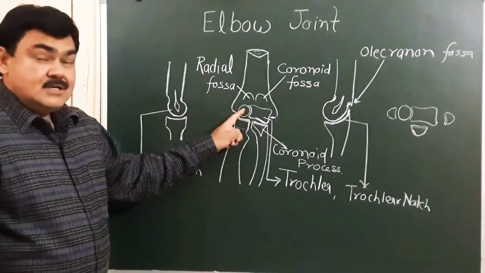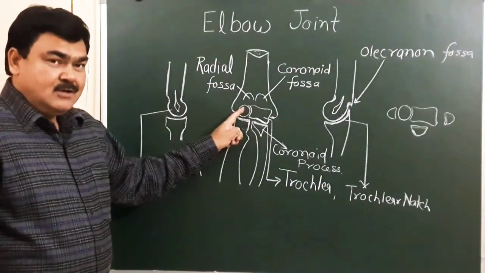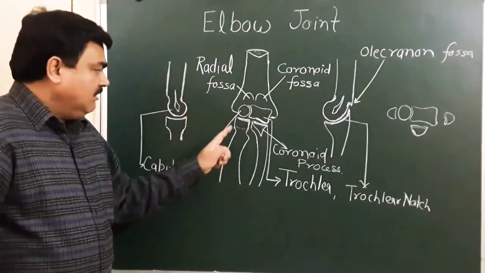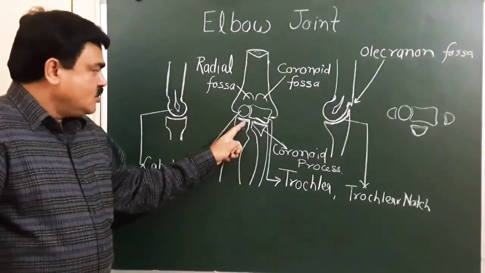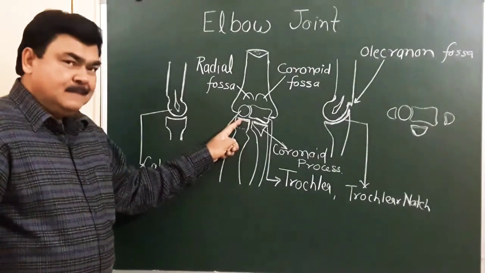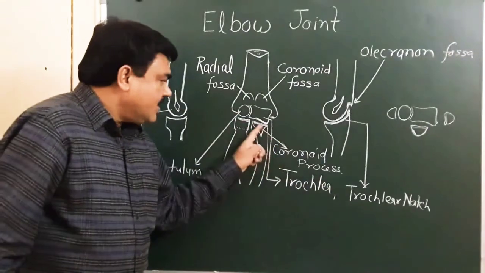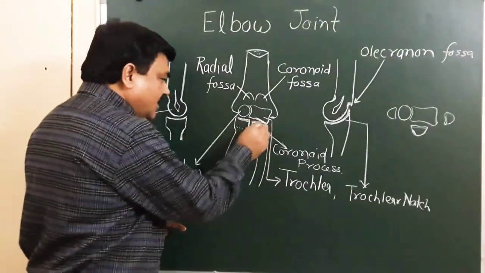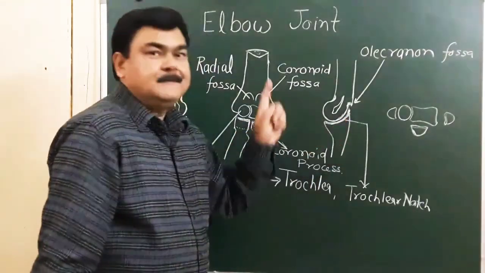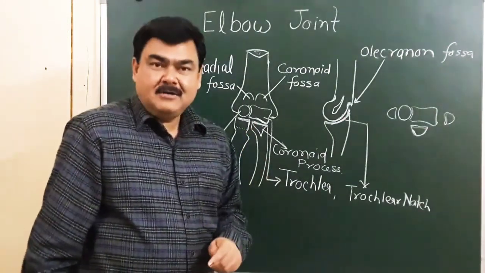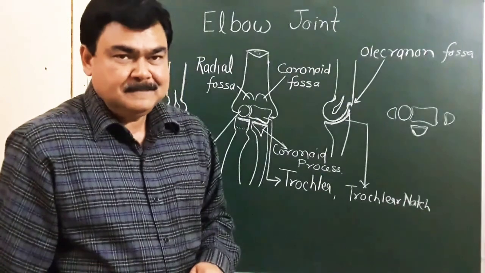So again, the superior articular surface is formed by the capitulum and trochlea. The inferior articular surface is formed by the superior articular surface of the head of radius and the trochlear notch. These articular surfaces are covered with hyaline cartilage.